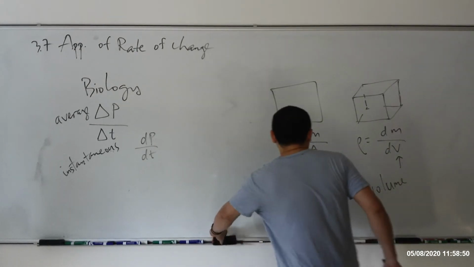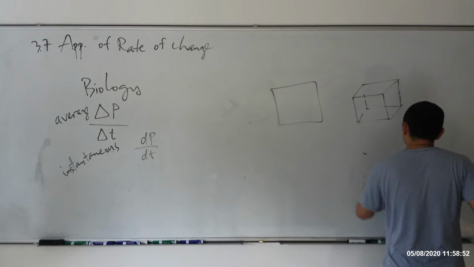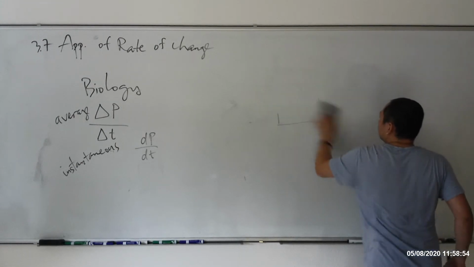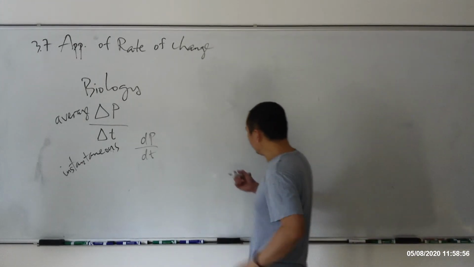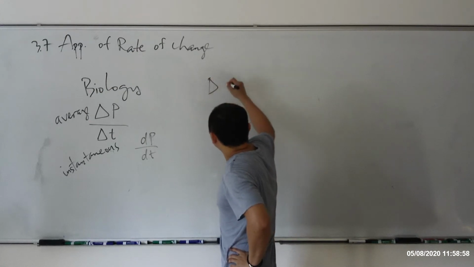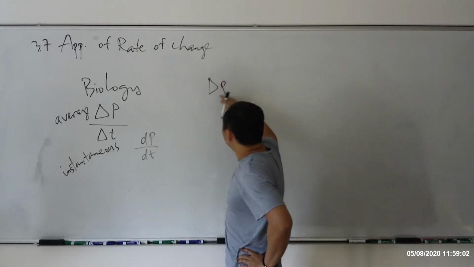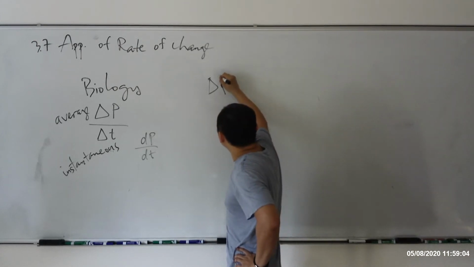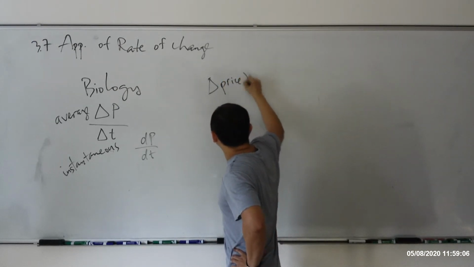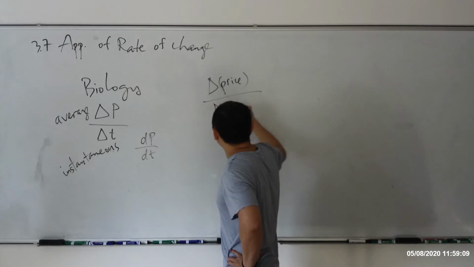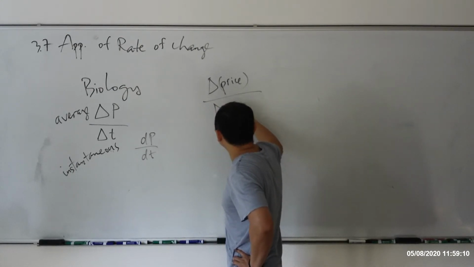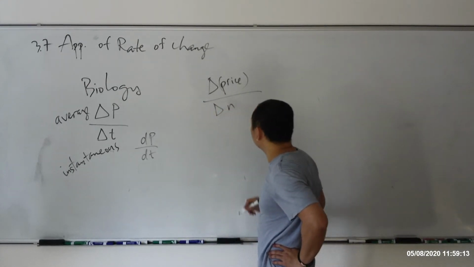Economics then. We have the change of price. Now I'm going to write lower case p for price, okay? Change of price, how about this? Change of price over change of the quantity, how many items you make, okay?